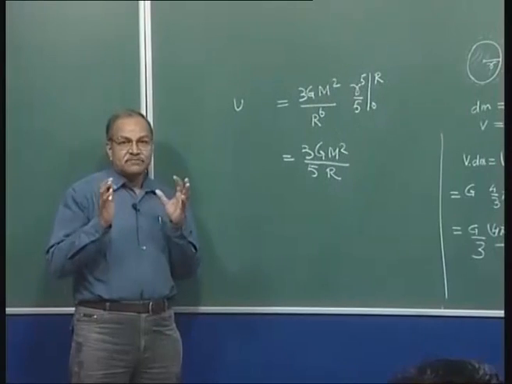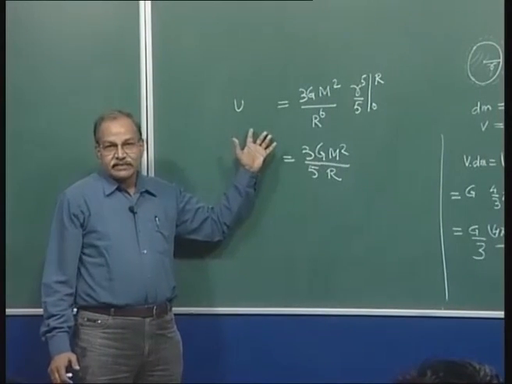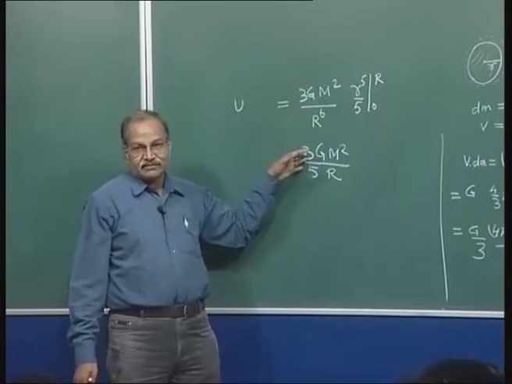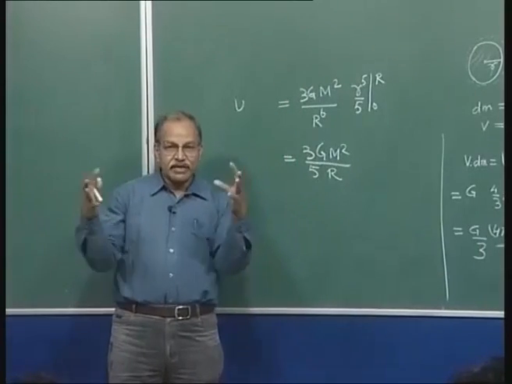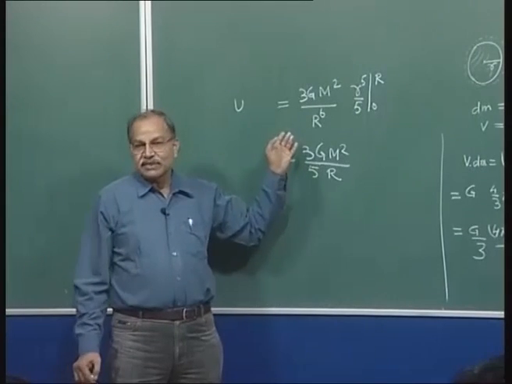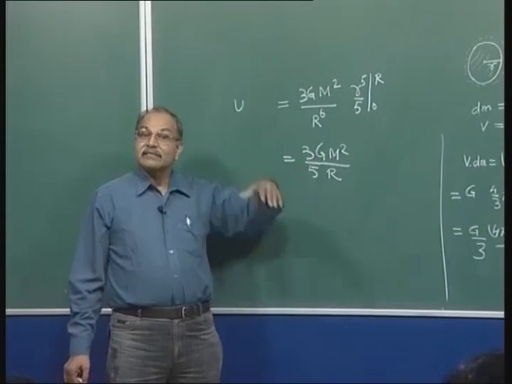Because of this gravitational attraction, this is the kind of energy that is resulting. If you are looking for the potential energy, it is negative of that. From all pieces at infinity, when you combine them into one mass, then because of this attraction, the total potential energy is going down, the total mass is going down, binding energy is going up.